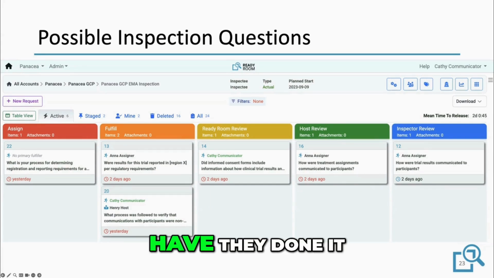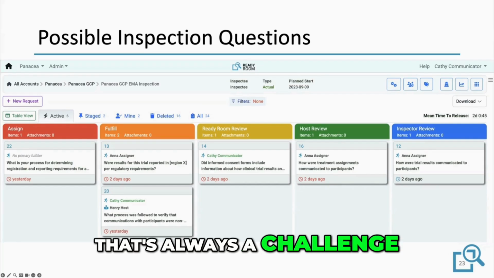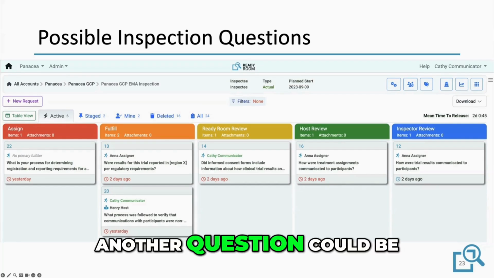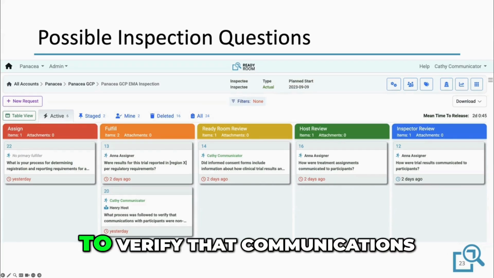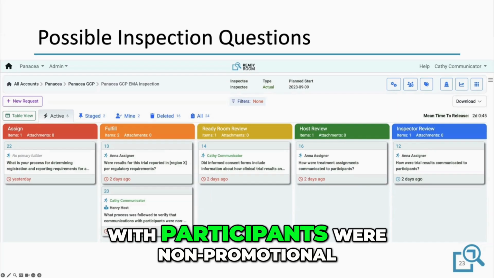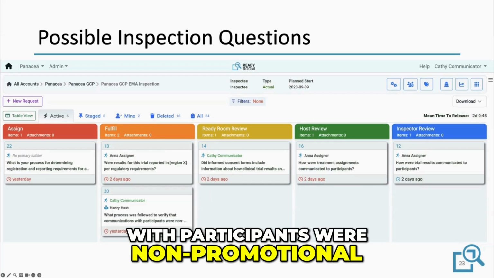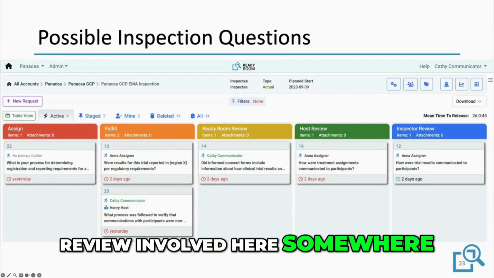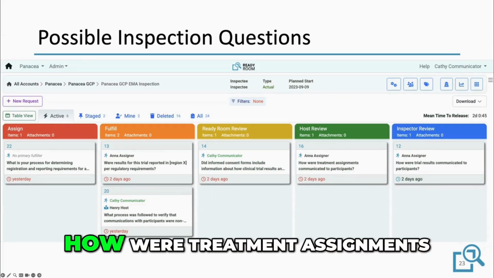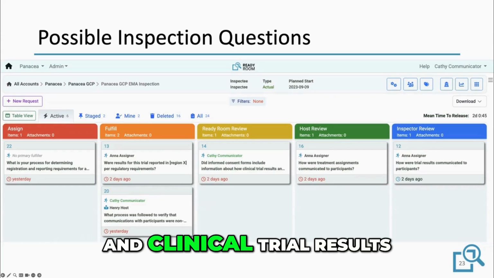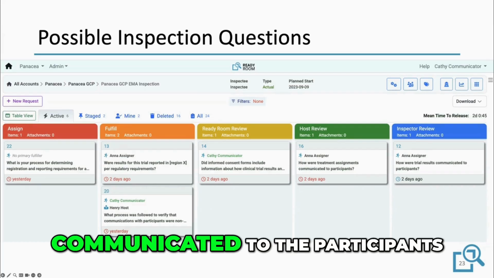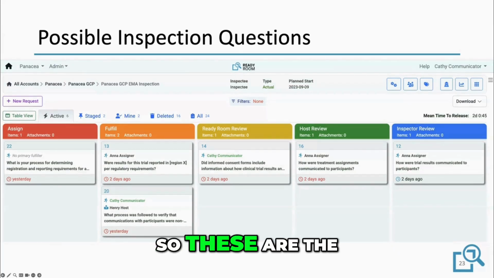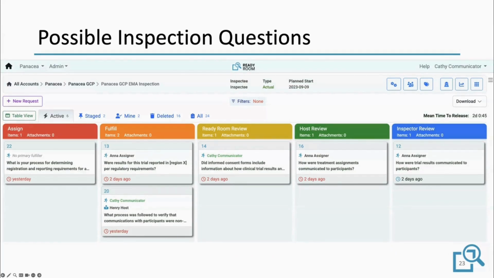And then have they done it, right? That's always a challenge. Another question could be, what process was followed to verify that communications with participants were non-promotional? So here you go. This means there needs to be a review involved here somewhere. And then another question could be, how were treatment assignments and clinical trial results communicated to the participants? So these are the types of questions that could come up.